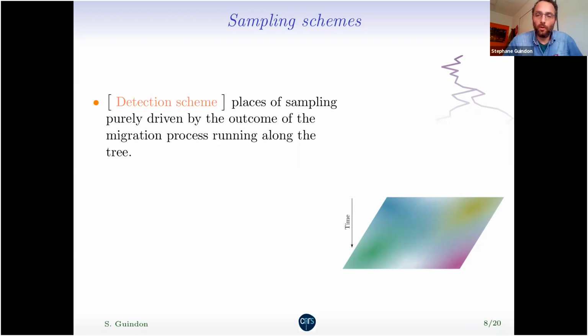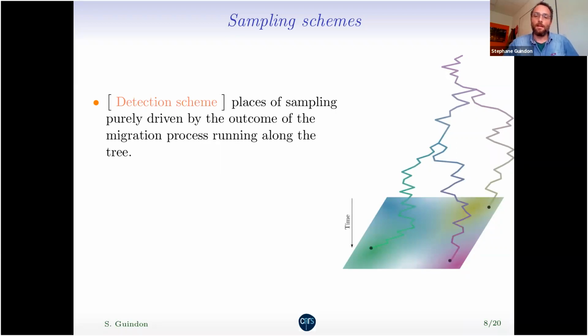Here you assume that the places of sampling, so the places where you collected your samples, are purely selected based on the outcome of the migration process running along the tree, right? So you assume here that you have a Brownian process going on running along the tree, and at some point in time, you observe the outcome of this evolutionary process.